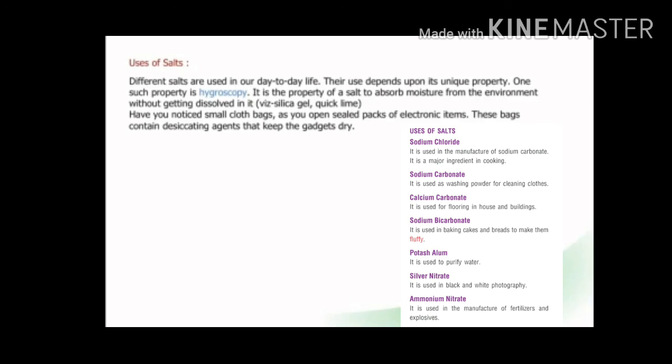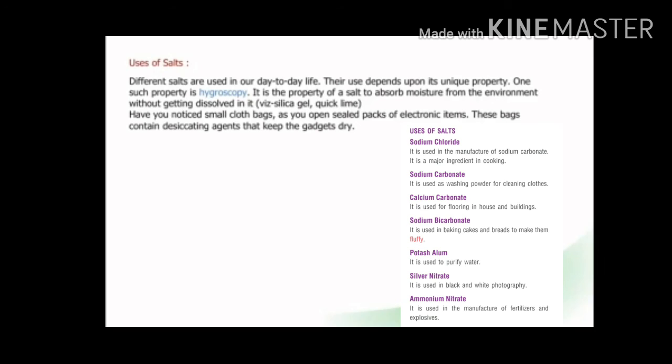Now some commonly used salts are sodium chloride. It is used in cooking and manufacturing of many compounds like sodium carbonate and many more. Sodium carbonate is also called washing soda, and it is used for washing clothes. Calcium carbonate is marble.